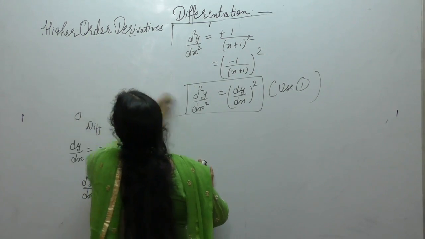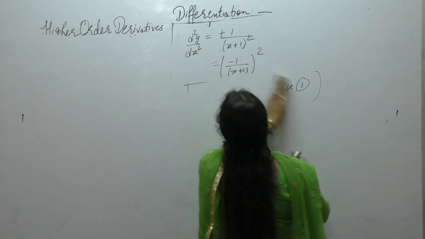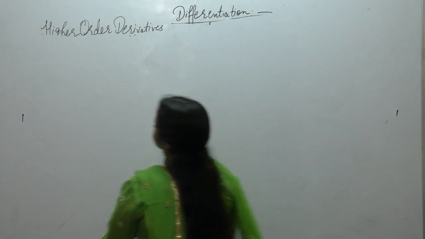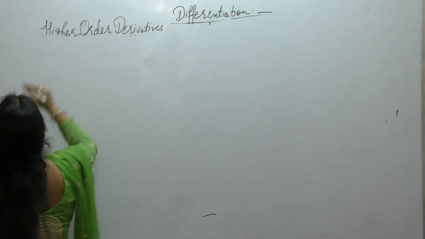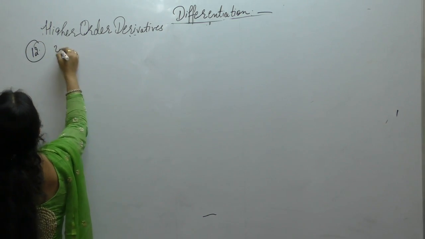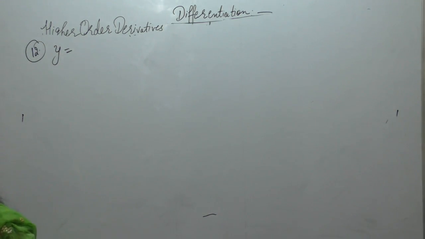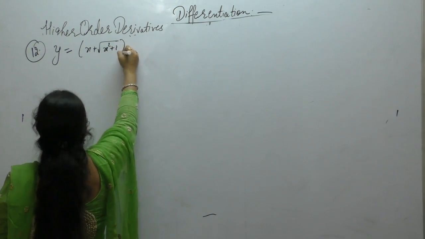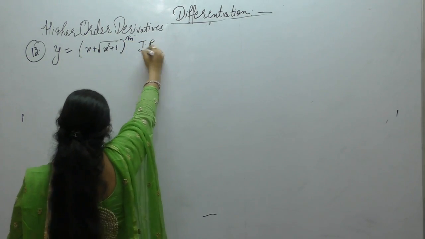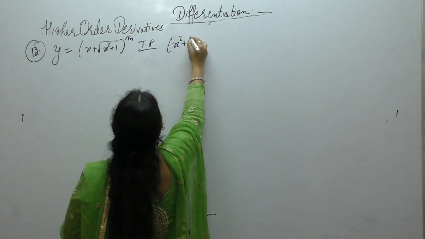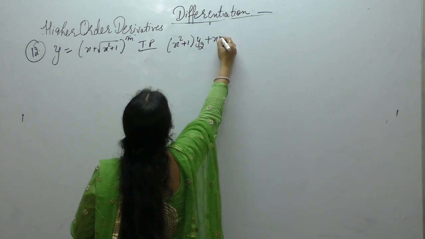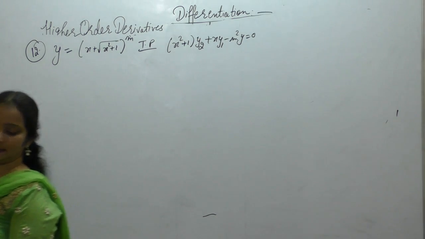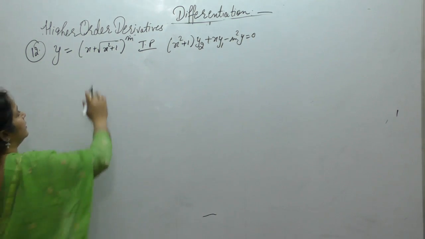Now the next one. Write down the statement. If y is equal to x plus square root of x square plus 1 power m, then show that x square plus 1 y2 plus x y1 minus m square y is equal to 0.